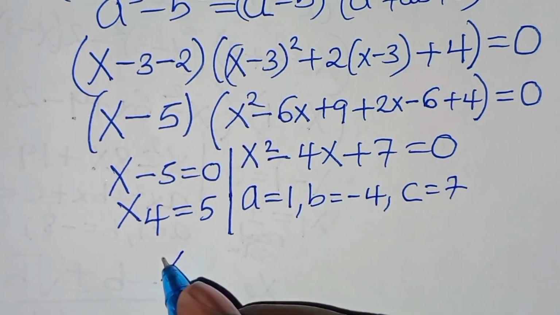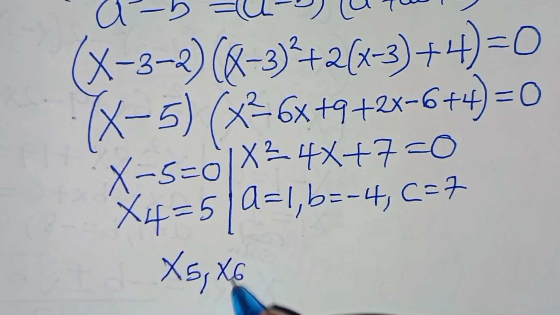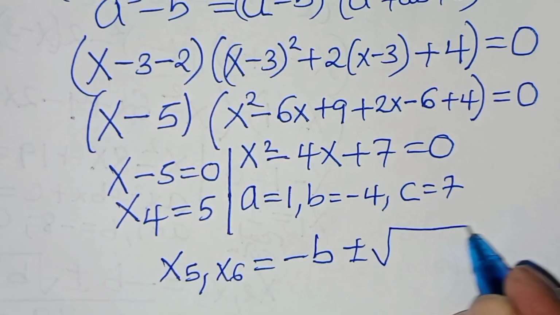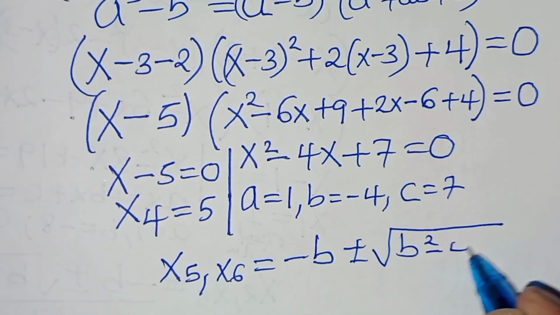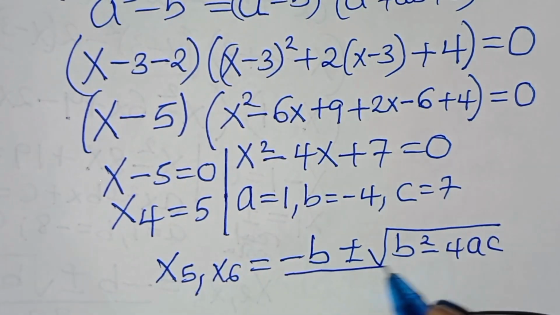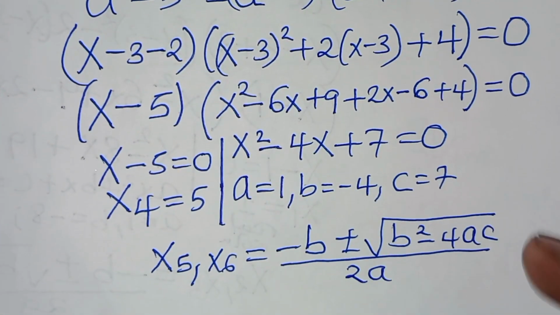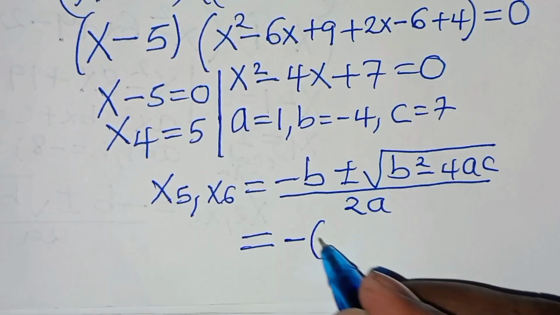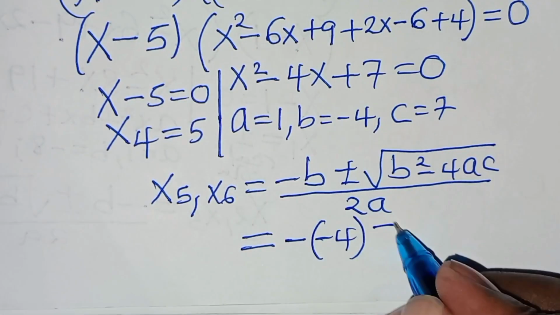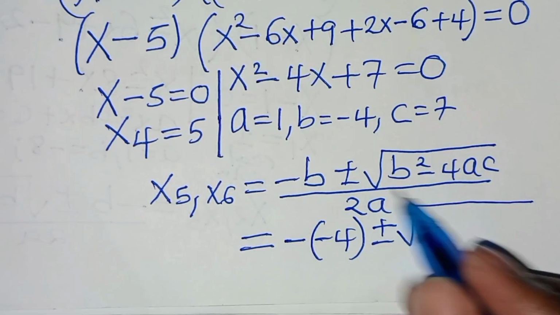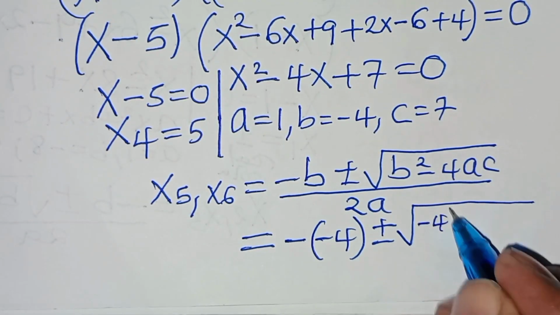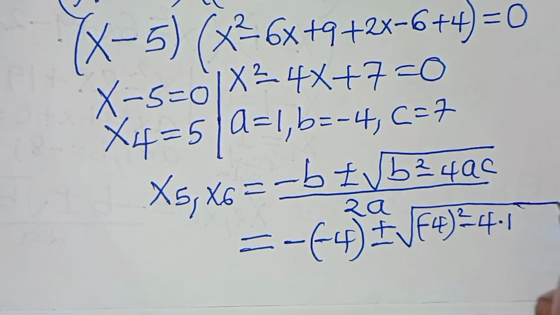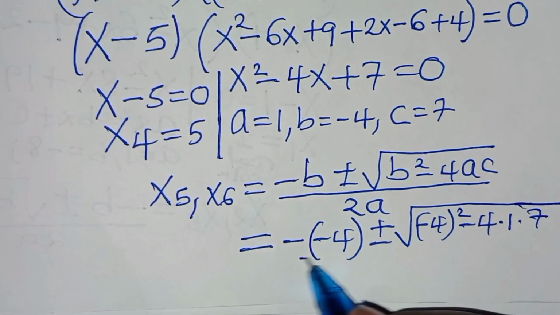So this implies that to solve for x5, x6, we apply the quadratic formula, that's minus b plus or minus the square root of b squared minus 4ac divided by 2 times a. So here we have minus minus 4 plus or minus the square root of b squared, this is minus 4 squared minus 4 times a, which is 1, times c, which is 7, divided by 2.